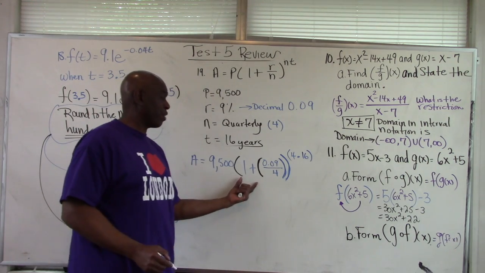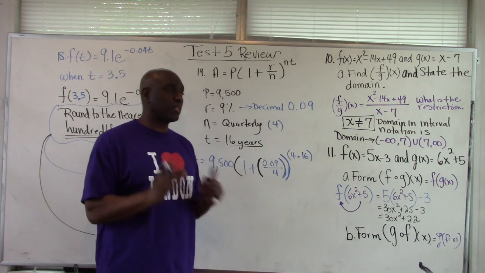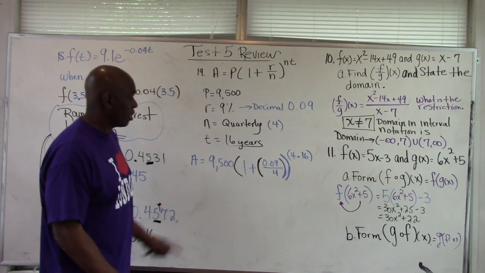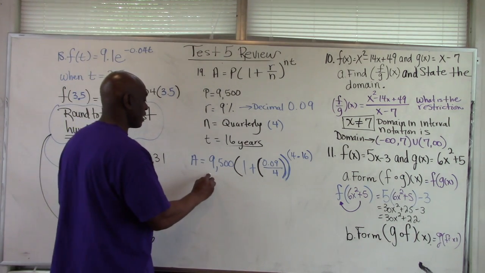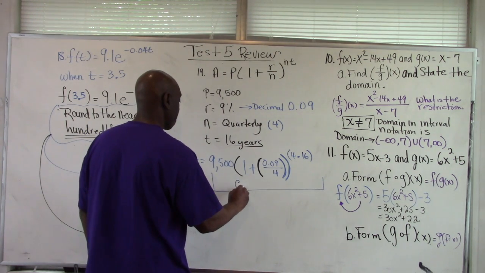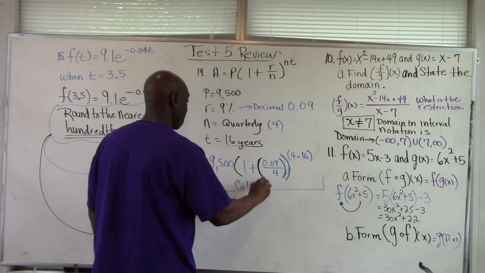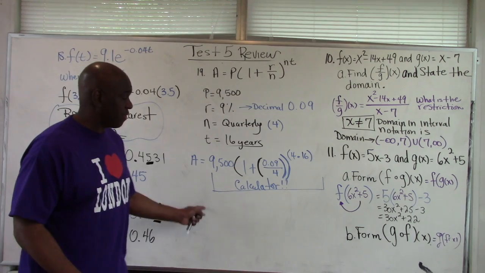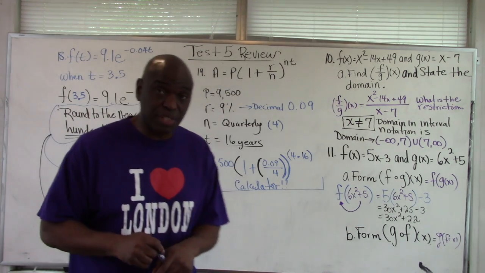For every open parenthesis, I have a closed parenthesis. They must match. If you put it in the calculator just like this, you'll be fine. In this case, also round to the nearest hundredth.